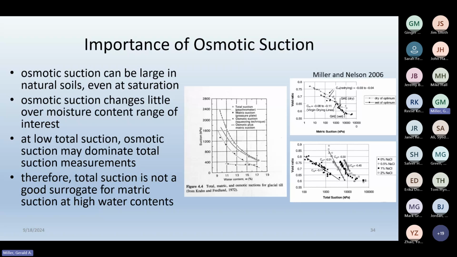We often use total suction as a surrogate for matrix suction. And that can be reasonable, but what I found in my own experience is when you're testing unsaturated soils that are in kind of a wetter state where you're approaching that saturated condition, it makes a big difference. Because again, even in a saturated soil, osmotic suction will be present.